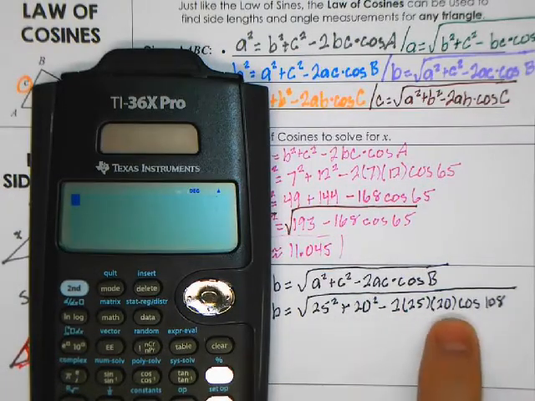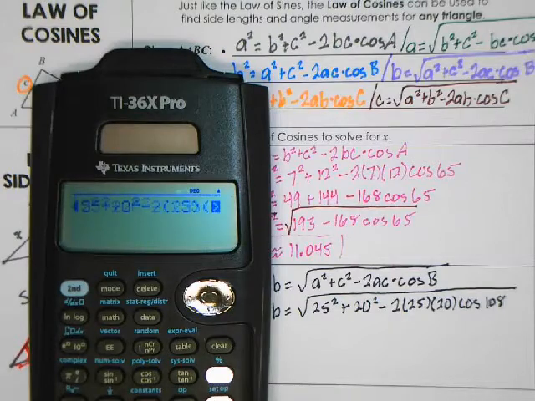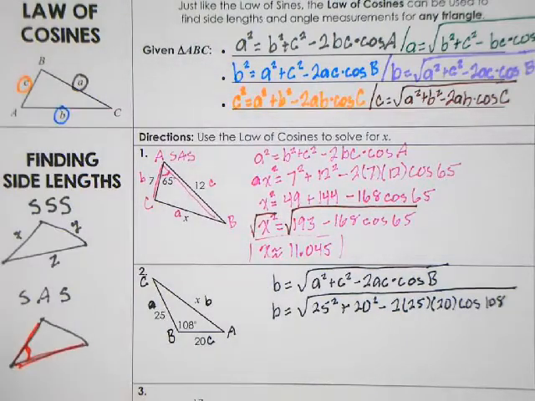So we're just going to go ahead and show how we're going to type this whole thing in. I'm going to say the square root of 25 squared plus 20 squared minus 2 times 25 times 20 times the cosine of 108, and I hit enter. And I will get about 36.524 for the length of that side.